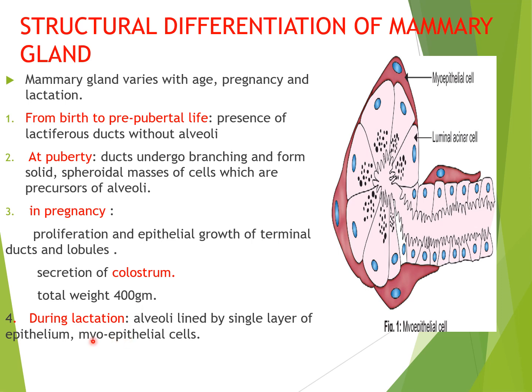Then coming to the lactation. During lactation, the alveoli are lined by a single layer of epithelium. So we can see here, these are the epithelial cells, right? Then these epithelial cells are separated from the basement membrane by the myoepithelial cells. You can see here, these are the myoepithelial cells.